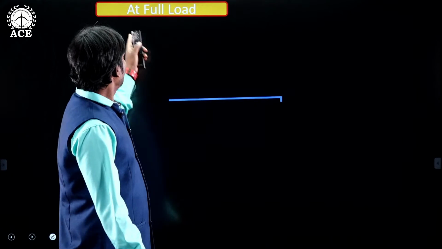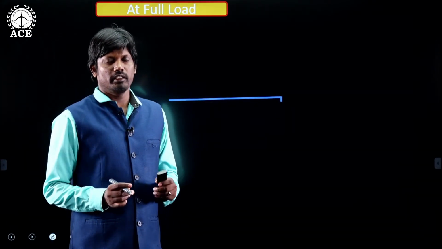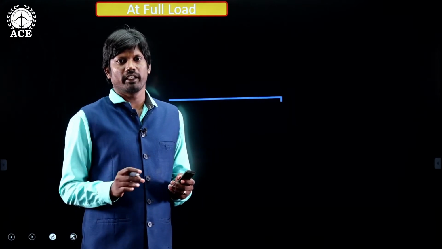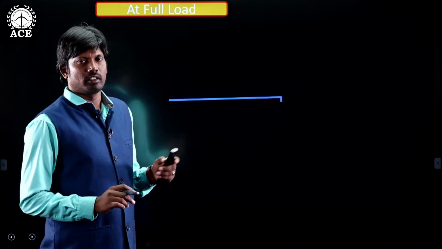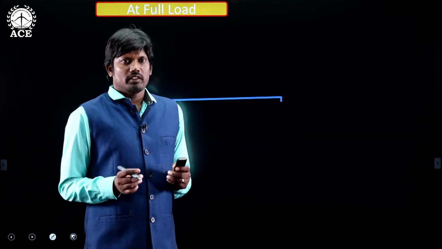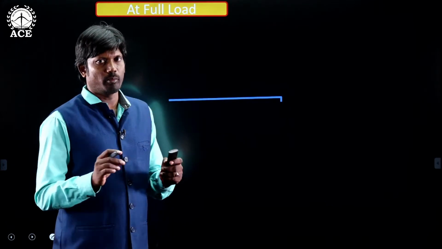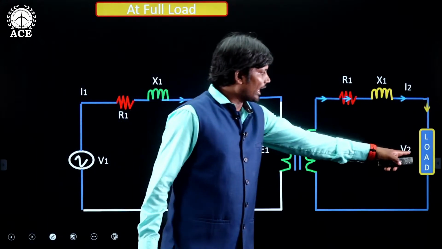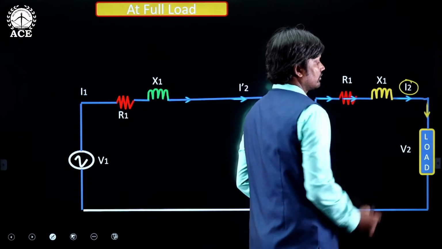Now, at full load condition, when the transformer is loaded, the current I2, that is secondary current, flows through the secondary winding of a transformer, and due to this secondary current, the primary draws the additional current, that is known as I2 dash, load component of the primary current. When this load is added, the secondary side I2 current will flow.